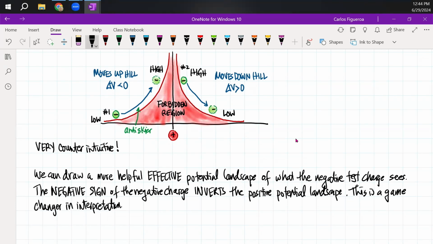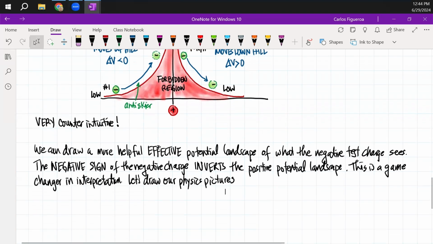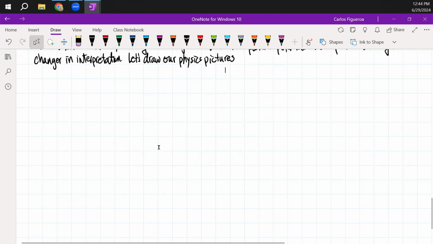So let's draw our physics pictures. Physics is the science of drawing pictures here. So what we have here is that now let's go into the electric field picture.